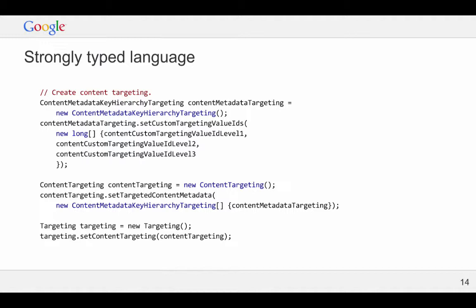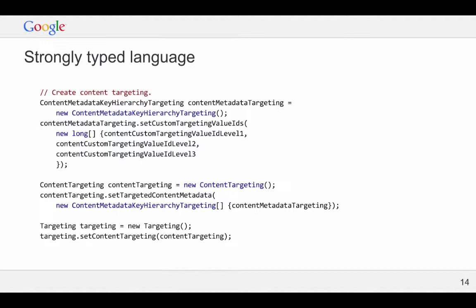Thanks, Nick. So looking at this, it's pretty similar to the examples that Nick was showing. It's just a little more verbose because it's Java and you don't have that straight text dictionary. And the example we're going to be looking at is the same content metadata key hierarchy targeting that Nick was just pointing out. And you see that we just use strongly typed classes here. We create a new content metadata key hierarchy targeting object, and we set the value IDs.